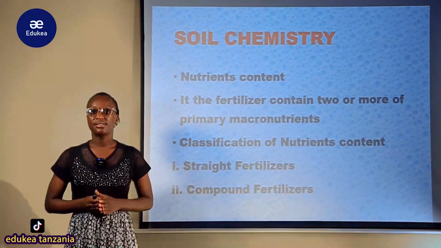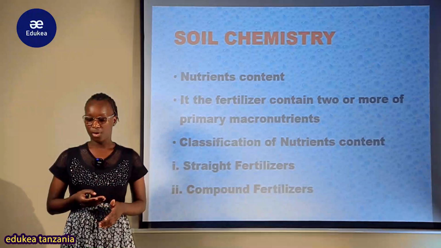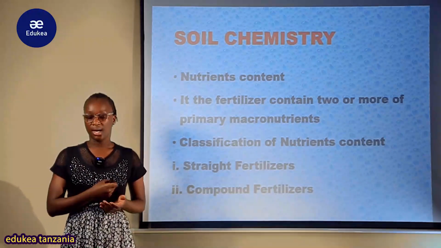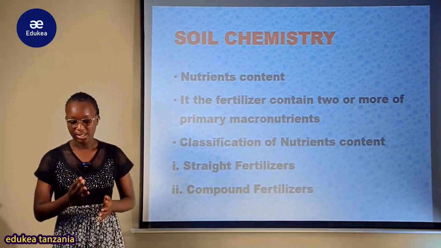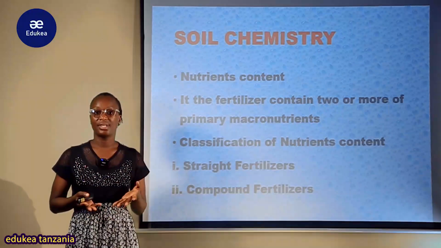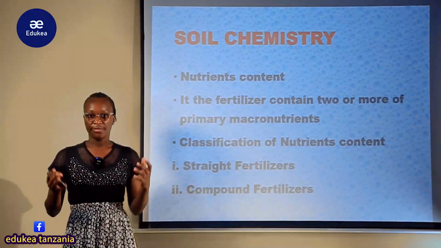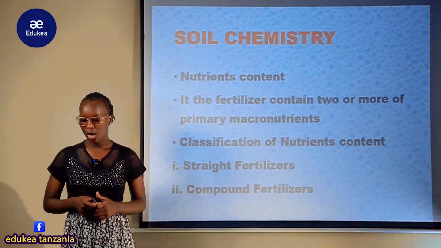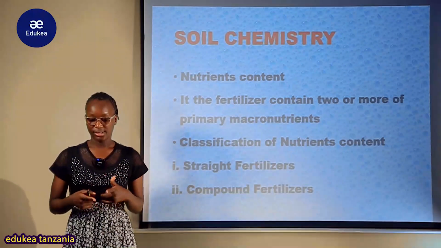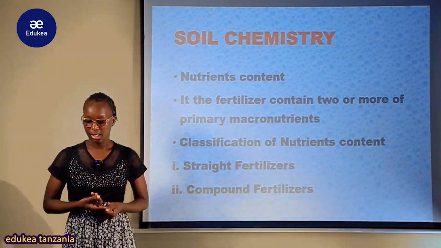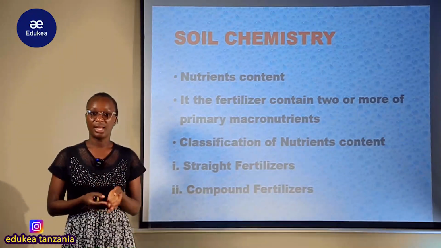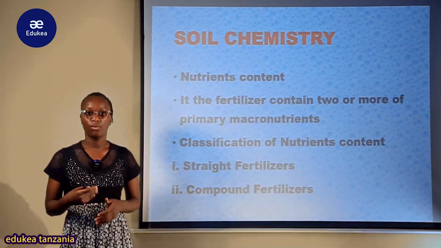Straight fertilizers simply means straight, kama unavyoona jina, but compound fertilizer means kumekuwa na combination of two or more fertilizers or nutrients. Tuone tukiongelea straight fertilizer tunamaanisha nini, tukiongelea compound fertilizer pia tunamaanisha nini.